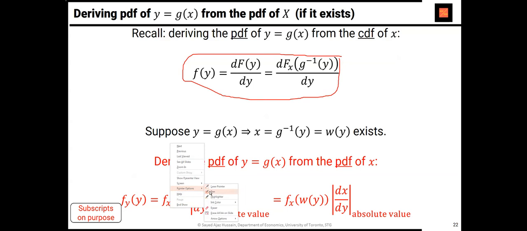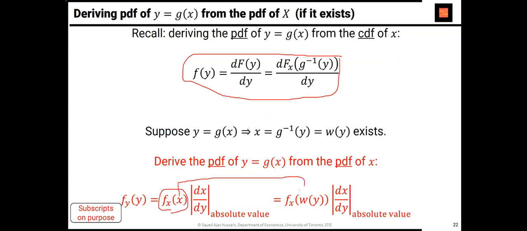Take the PDF of x, whatever equation you had, and instead of x, you now express x in terms of y. That's exactly what is here. So you have a density equation of x in terms of x's, take the x out, express them in terms of y's.